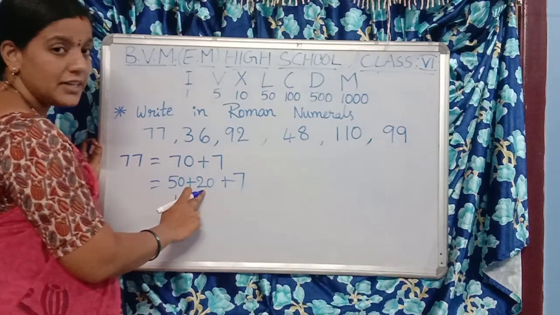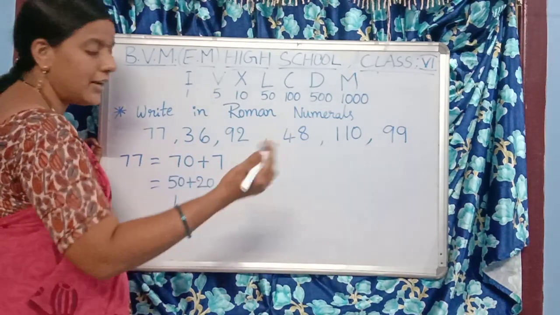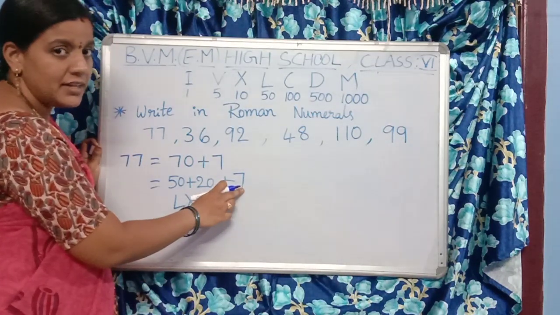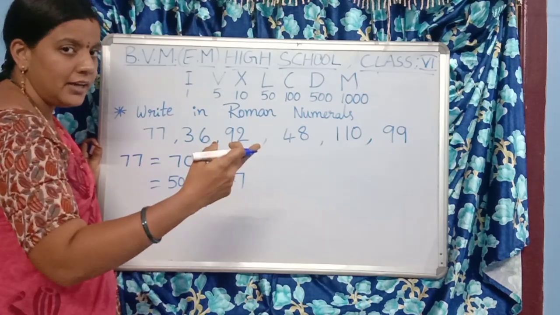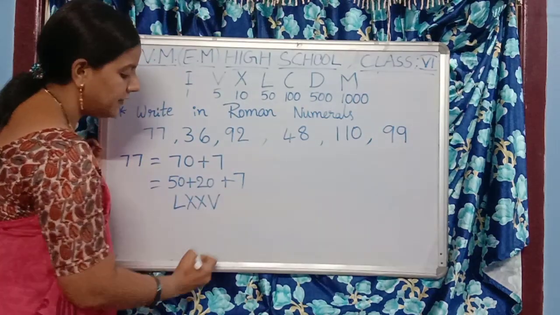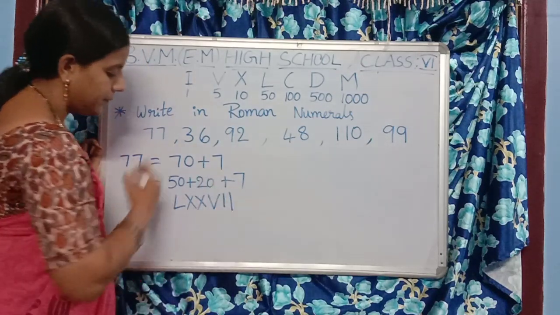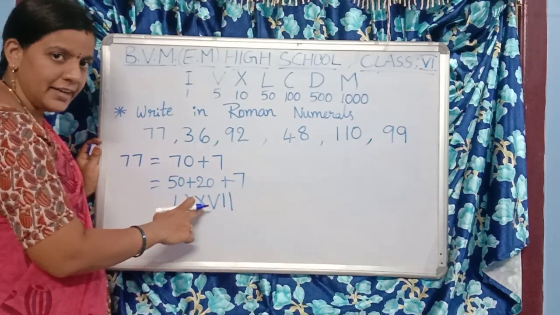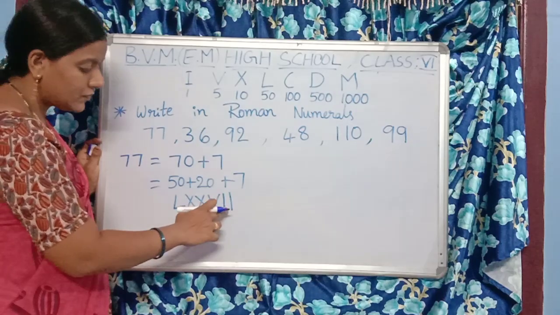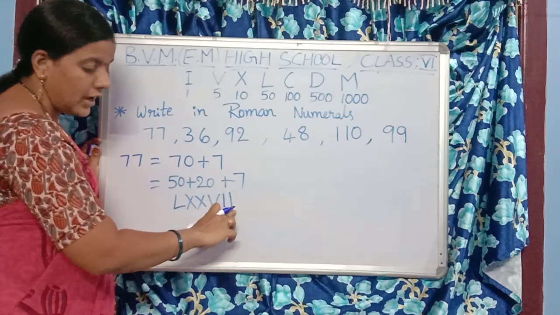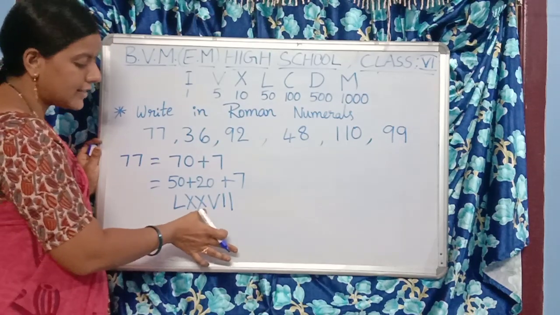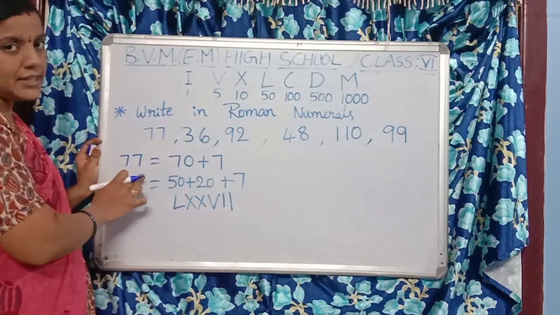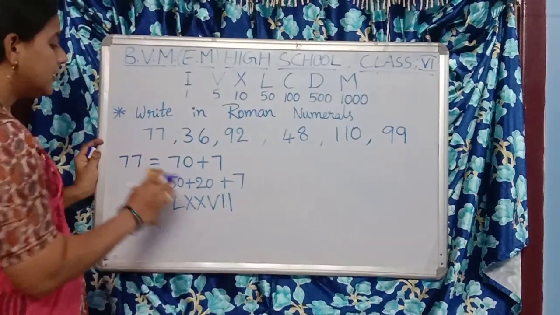L. 20 means X and a repeated X. Next, 7. 7 means V after I. V 5, I 1, I 1. So L X X V I II represents 77.